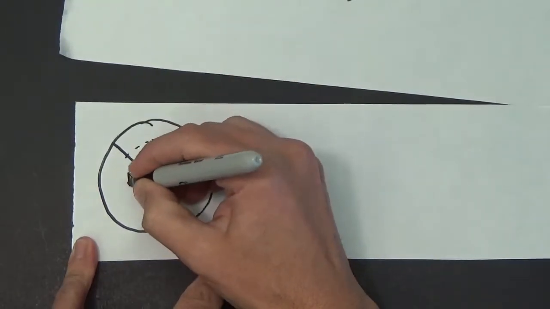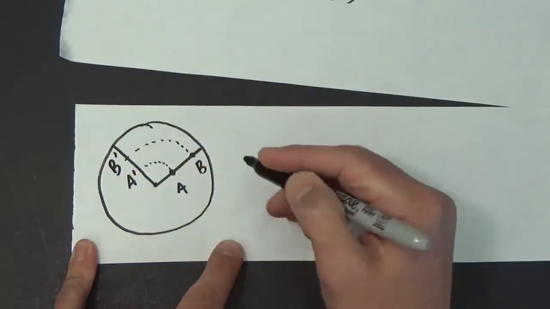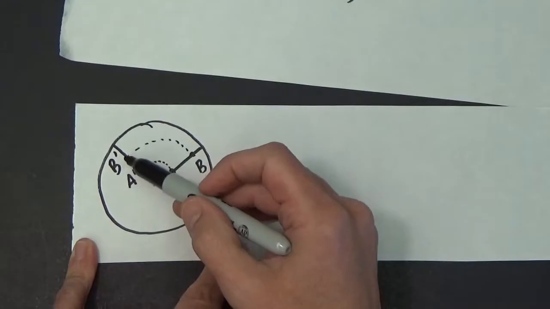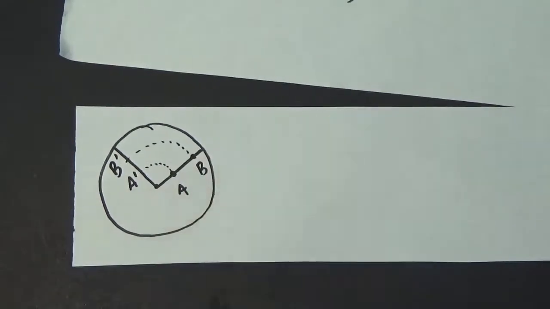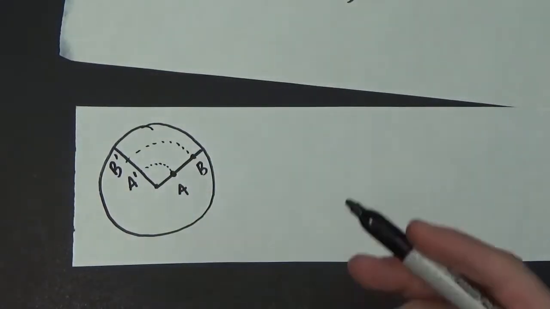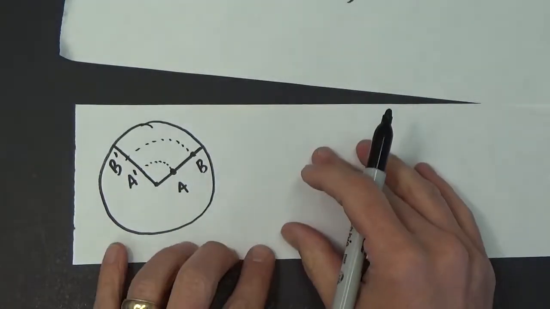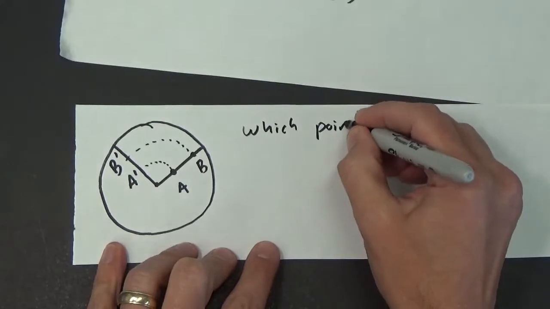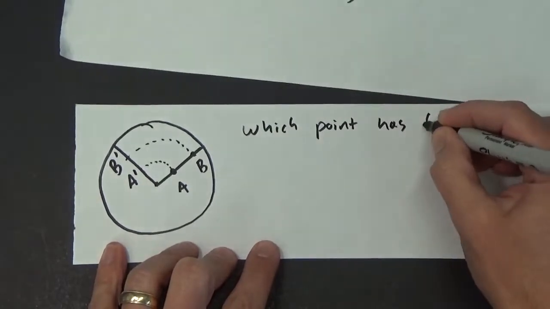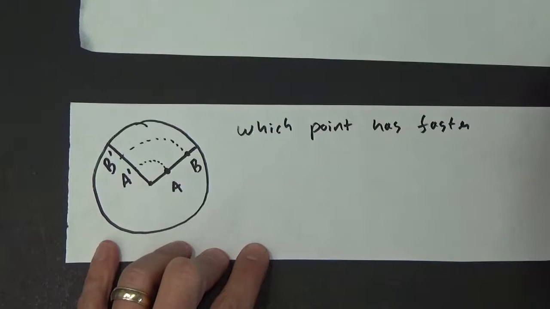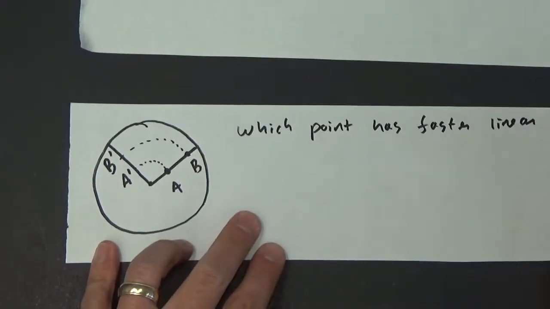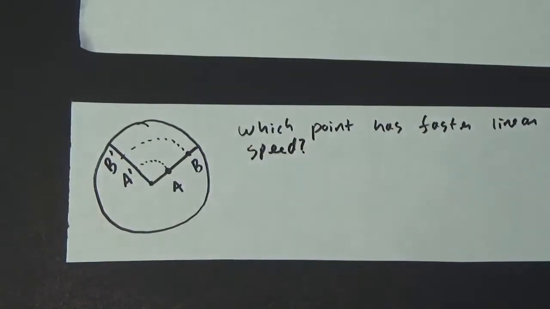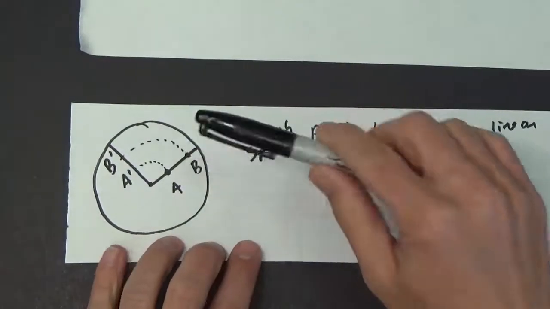So here is A prime and B prime. So we have 2 points on, let's say, a wheel, and it spins around. Okay. Now, which point has faster linear speed? And in this case, it's going to be point B.